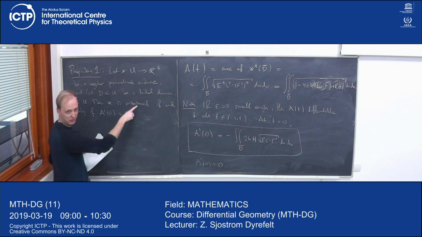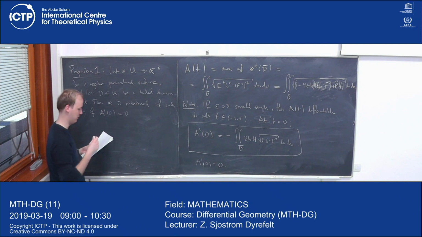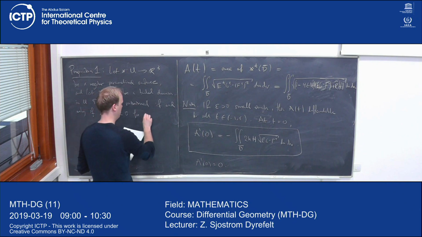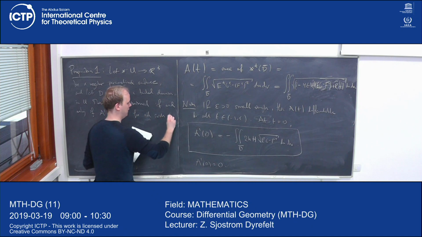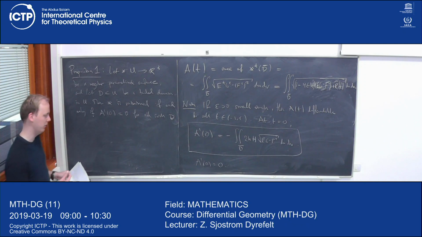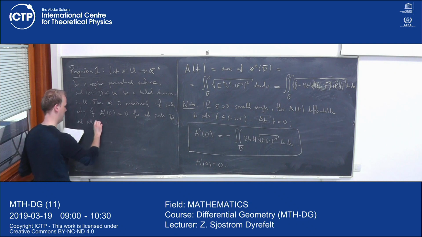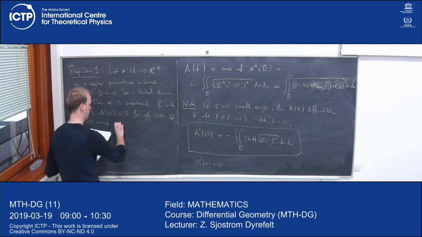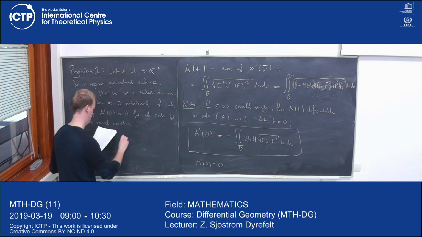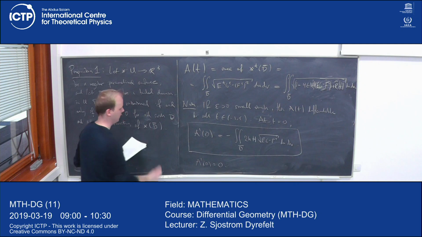Of course minimal, the definition was that the mean curvature is 0 at every point. So the mean curvature is 0 at every point if and only if A prime of 0 equals 0 for all such D, so any D bounded domain inside U, okay, and all normal variations of x of D bar.